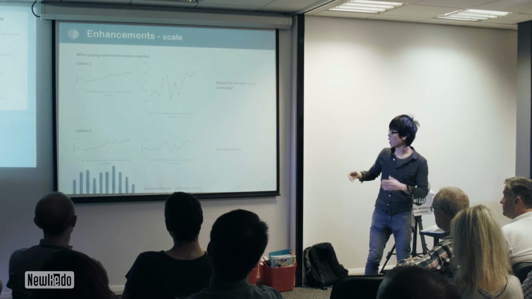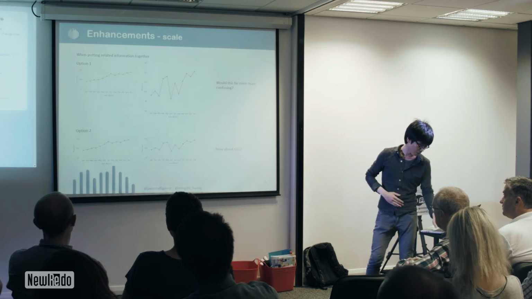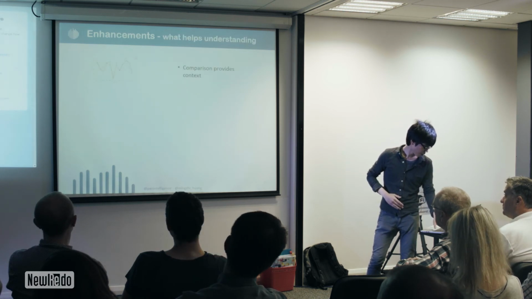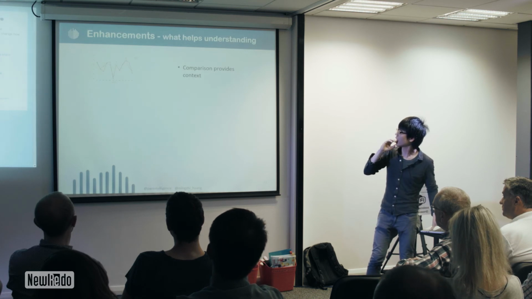The second one, well, it's easier for you to compare the information, okay? So as a summary in here, comparison provides you a little bit more context, ordering adds meaning, and then consistent axes or scales just reduce misunderstanding, okay?